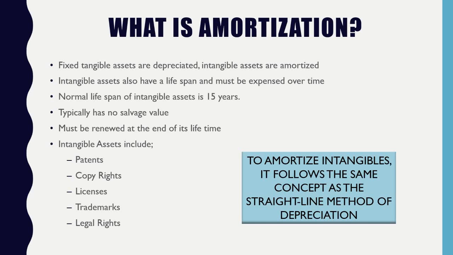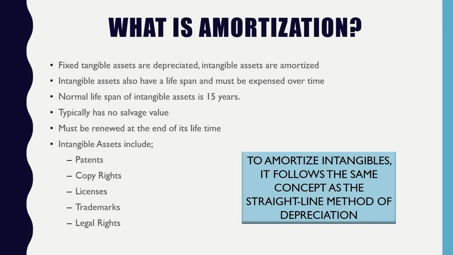For example, Disney, right? Disney owns all the copyrights to everything, but their copyrights only last about 25 years. So that means they have to renew it every 25 years. And they also license it to other companies to use the copyright.